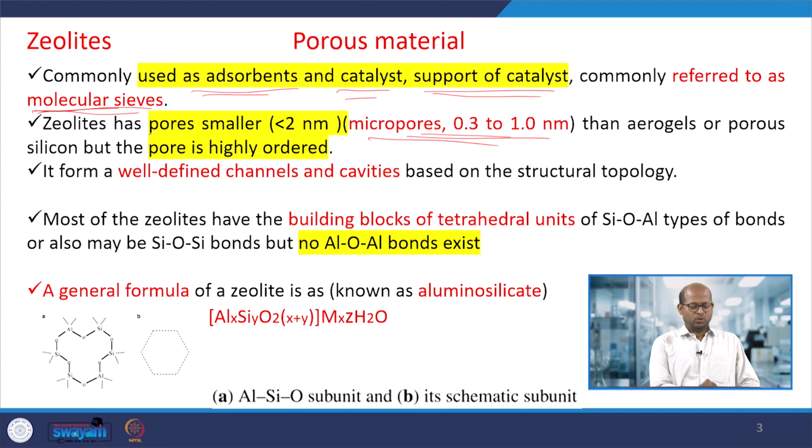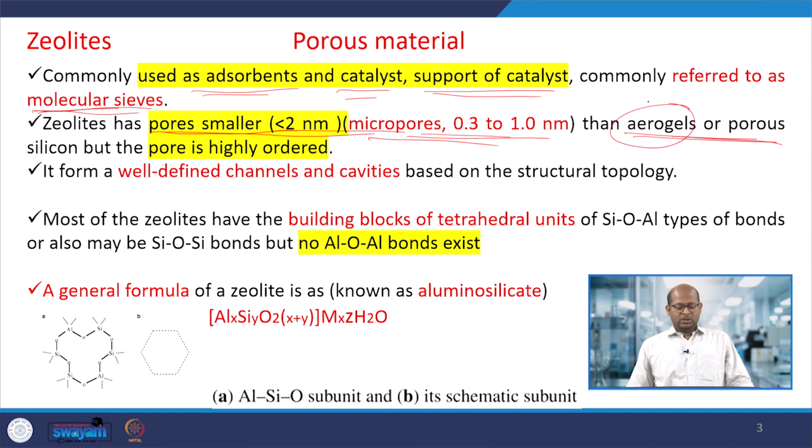Already you have discussed aerogel types or mesoporous types of materials, which have micropores, meaning less than 2 nanometers in the case of aerogels. In zeolites, micropores are less than 1 nanometer, 0.3 to 0.5 nanometers, so zeolites consist of smaller micropores than aerogels.